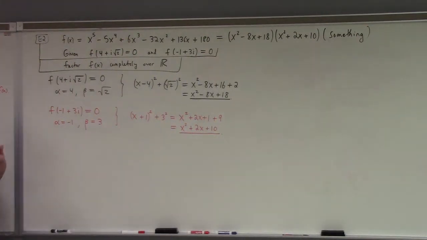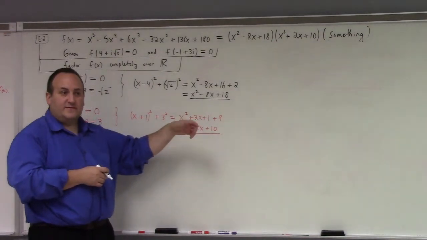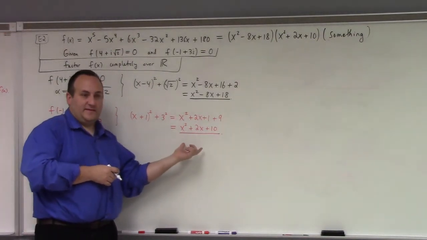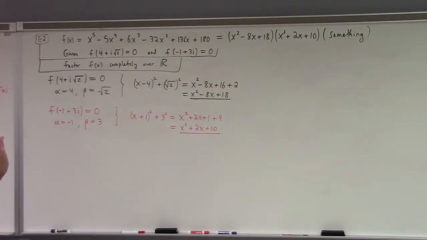I think long division's the way to go here, all right? So you've got two options. We can either do long division by the first factor, and then do another long division by the second factor, but I think that's not the best way to go here. An easier way to do it is to multiply those two factors out and just divide by the product of them.